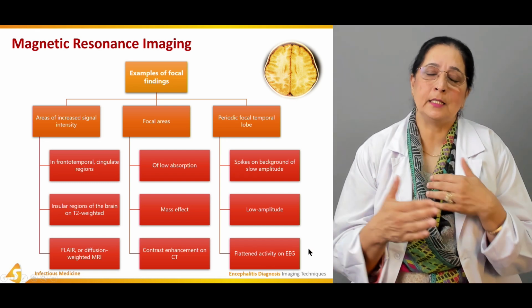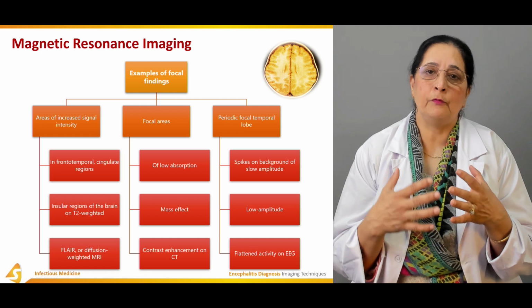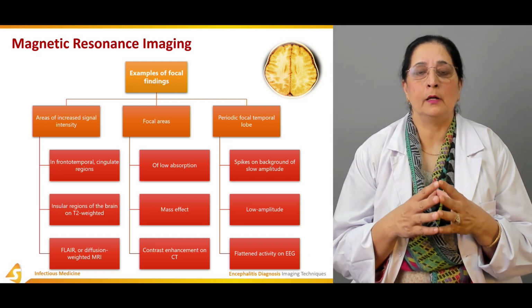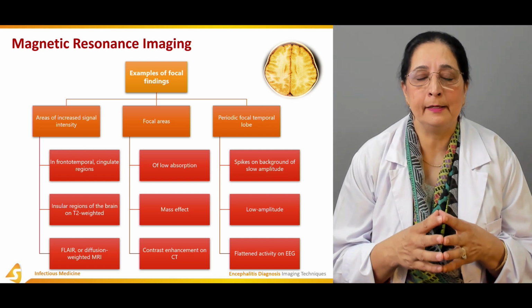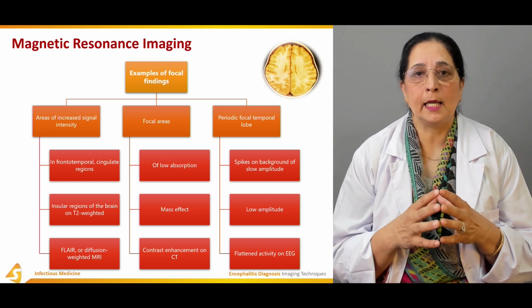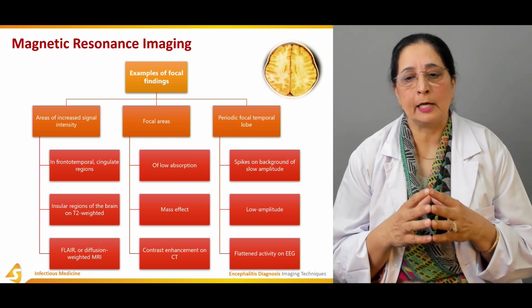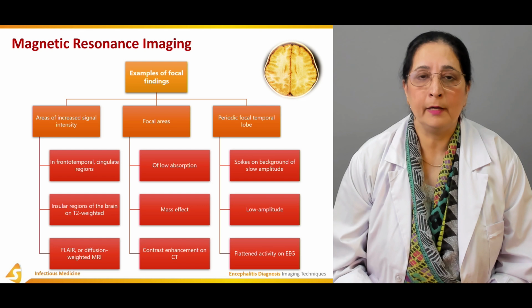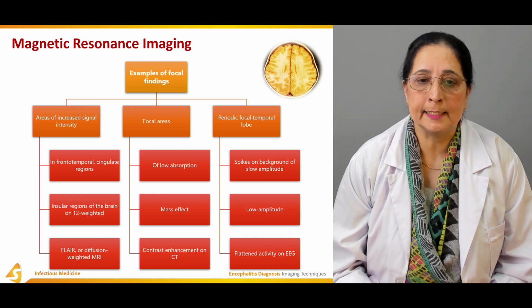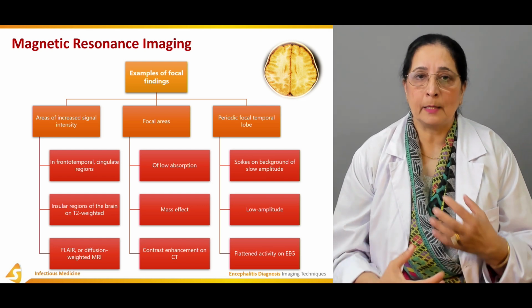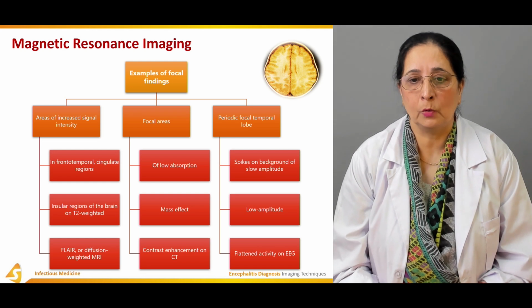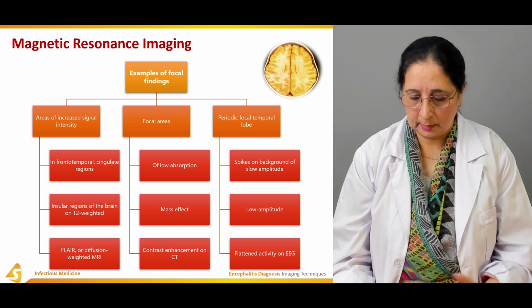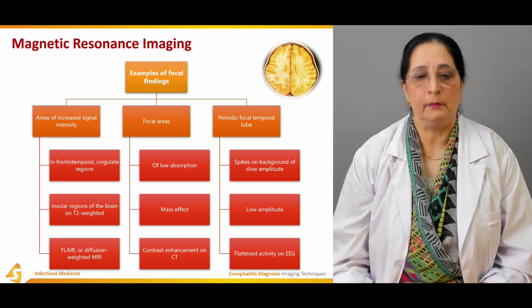So these are some examples of the focal findings which are present on the imaging techniques like CT scan, MRI, and electroencephalogram. So we have areas of increased signal intensity, and also focal temporal lobe areas. These are the examples of focal findings.